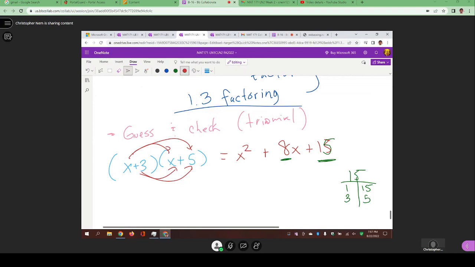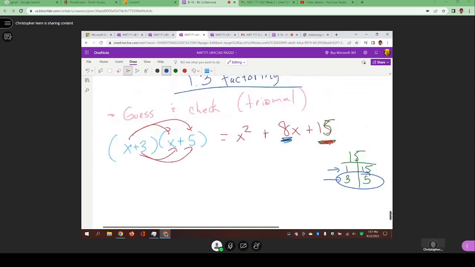What other part in my expansion do I need besides 15? Well, I also need this to be 8. So which one of these combinations would somehow add up to 8? If you said positive 3 and positive 5, you are good to go.